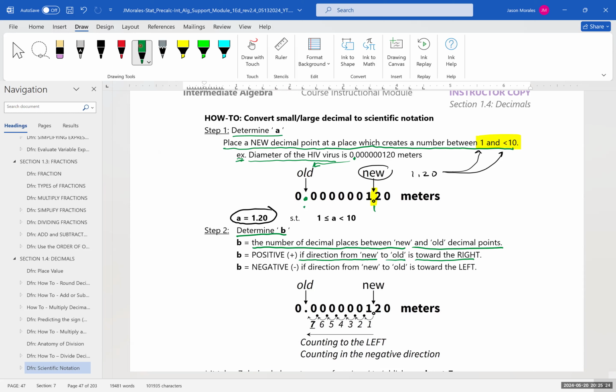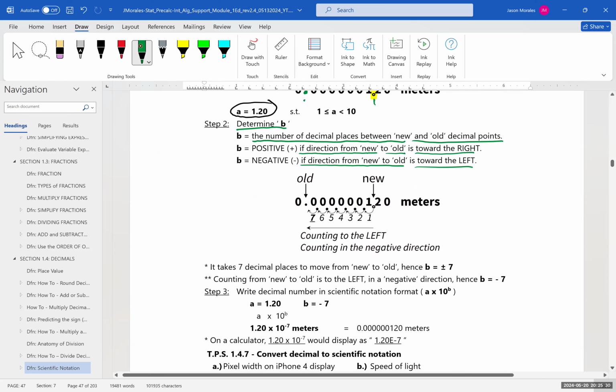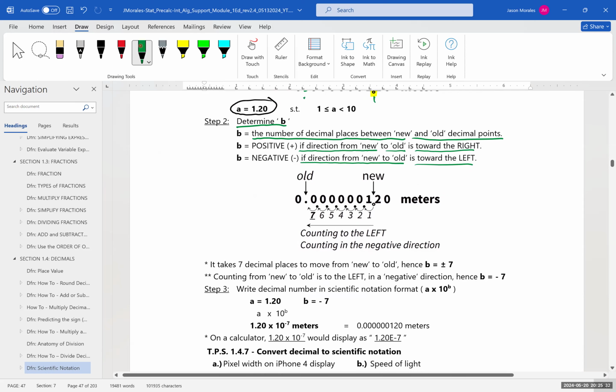B is going to be negative if the direction from new to old is toward the left. If we start at the new decimal place and count over to the old one, we count 7 decimal places.